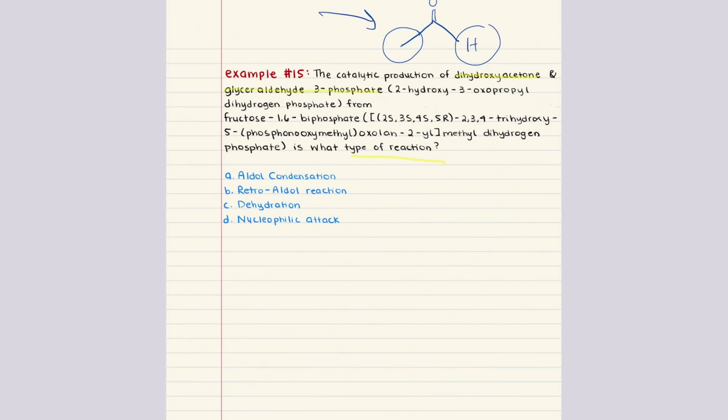Both products contain carbonyl groups, and the transformation involves breaking a carbon-carbon bond within a single molecule to yield these two products. This is characteristic of a retro-aldol reaction, which is the reverse of an aldol condensation. So the correct answer for problem 15 is going to be B.